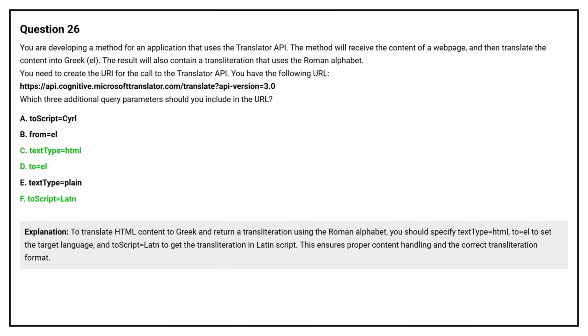To translate HTML content to Greek and return a transliteration using the Roman alphabet, you should specify textType equals HTML, to equals EL to set the target language, and toScript equals LATN to get the transliteration in Latin script. This ensures proper content handling and the correct transliteration format.